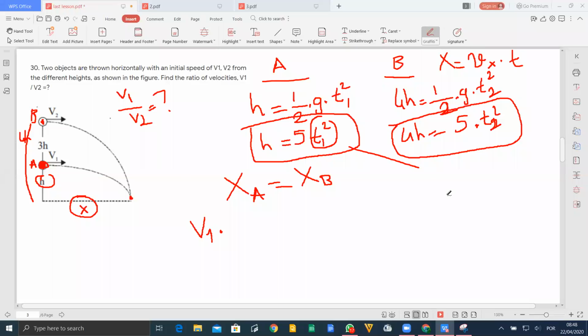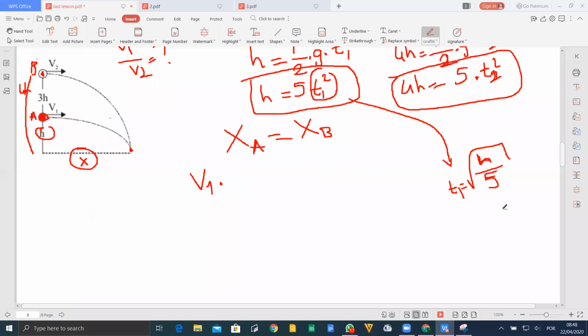So if we get the time t1, you can see that this is the root of h over 5. If you isolate t1 on one side of the equation, from here we can get t1 as the root of h over 5.